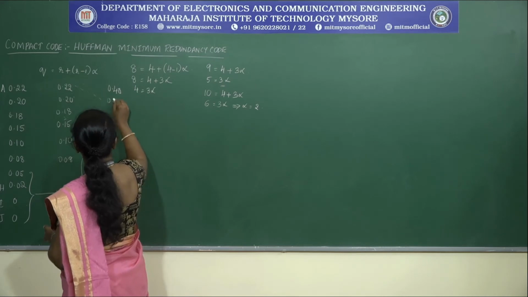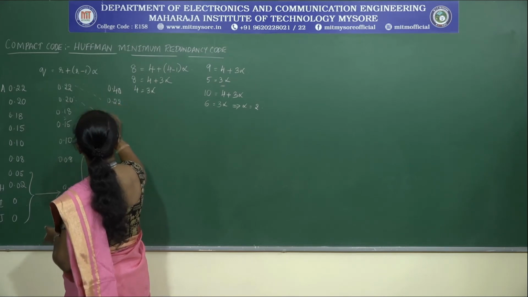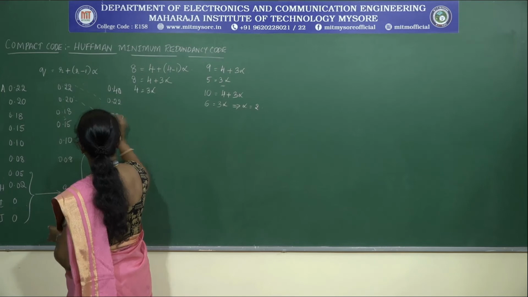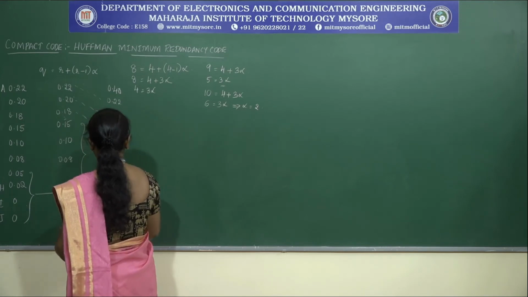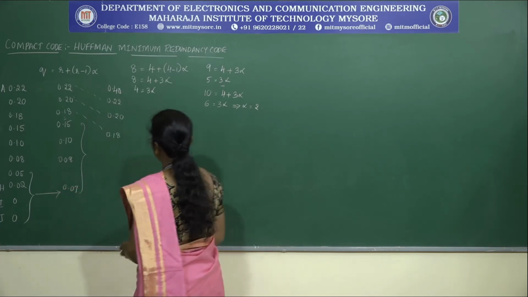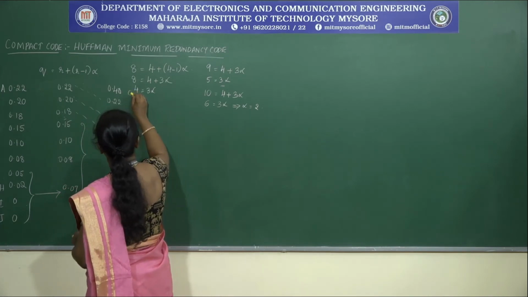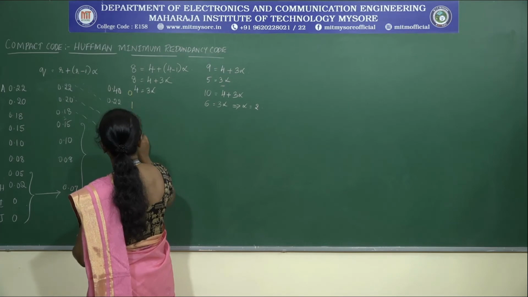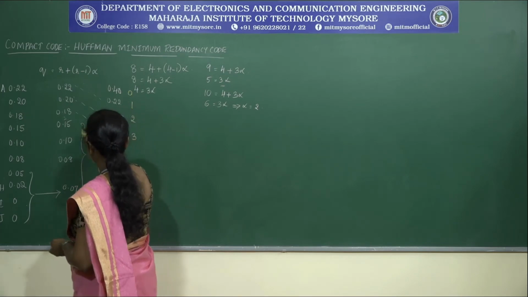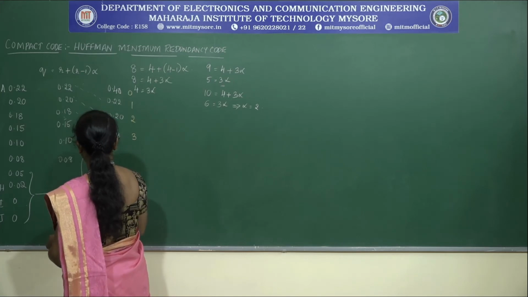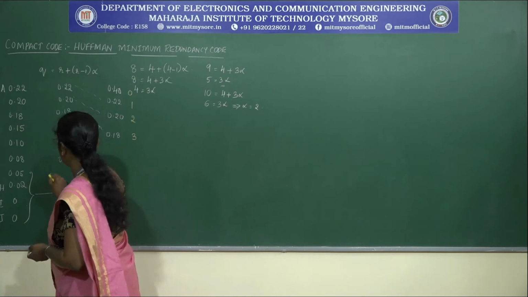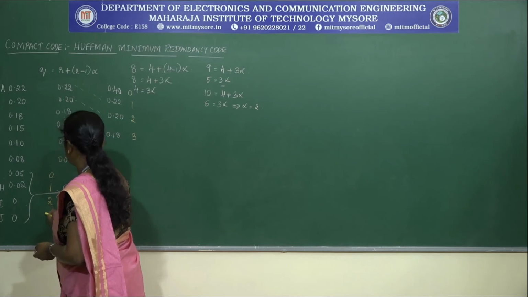Shift this downwards: 0.22, 0.20, then 0.18. So we have got 4 source symbols at the last. Name them as 0, 1, 2 and 3. So these 4 as 0, 1, 2, 3 and this also 0, 1, 2, 3.